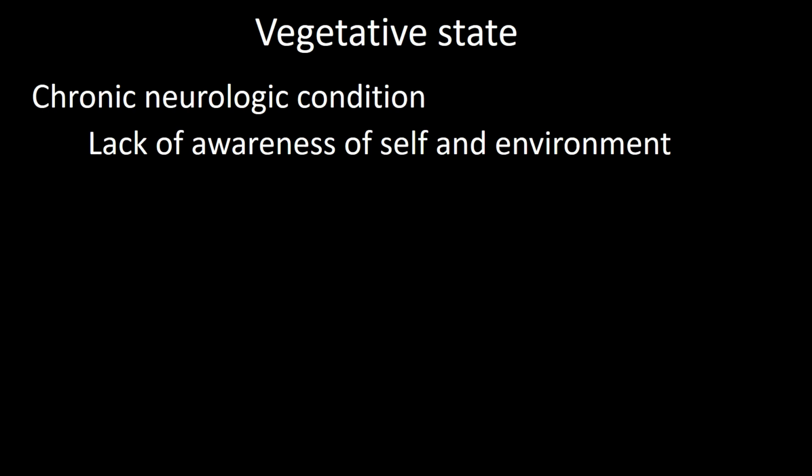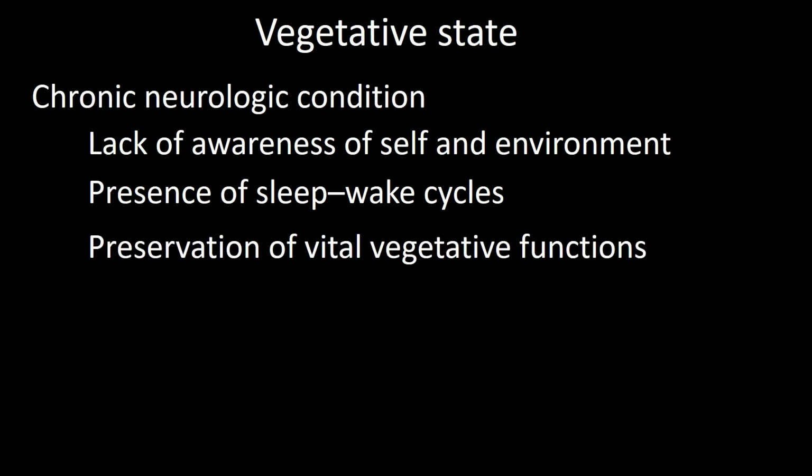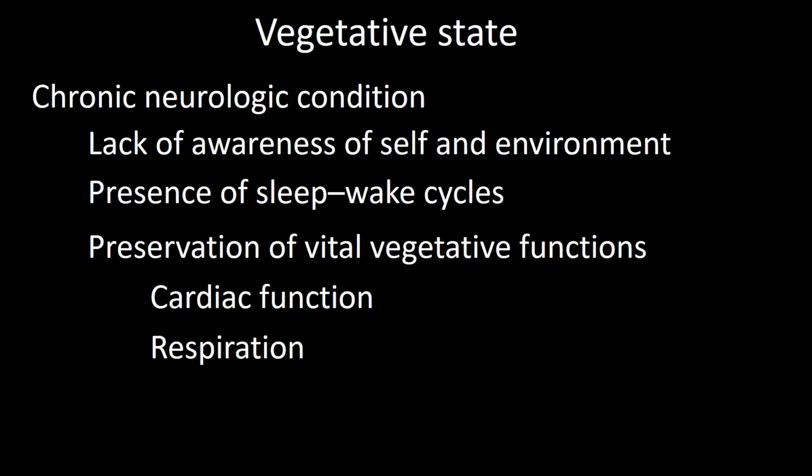Vegetative state is a chronic neurological condition manifested by lack of awareness of self and environment, presence of sleep-awake cycles, preservation of vital vegetative functions, such as cardiac function, respiratory, and blood pressure.